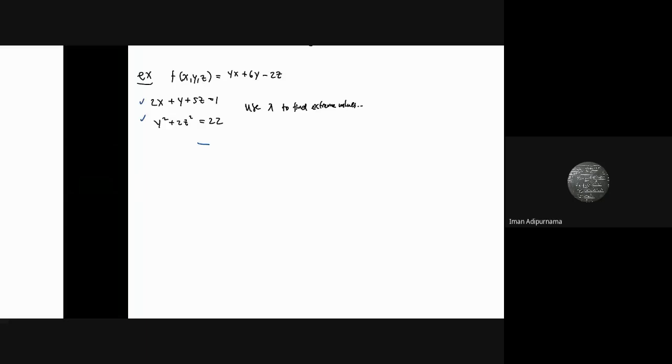So first, write the gradient vector of f equal to, let's say this is g, this is h, the gradient vector of g plus the gradient vector of h. Maybe you can write lambda 1 or lambda 2 for the second one, or lambda, and if you read your textbook, I think you have mu, right?